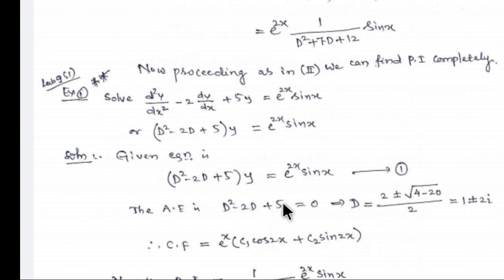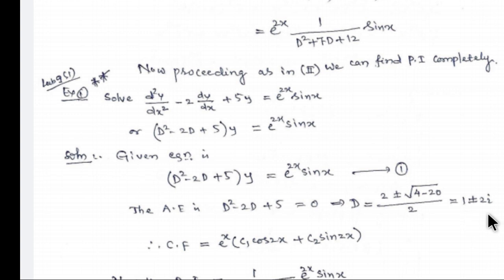D equal to minus b plus or minus square root of b square minus 4ac, divided by 2a. Here b is minus 2, so minus b, minus minus becomes plus 2. b square is 2 square, 4, minus 4ac, where a is 1 and c is 5, so 4 into 5 is minus 20, divided by 2a, where a is 1, so 2 into 1 is 2.